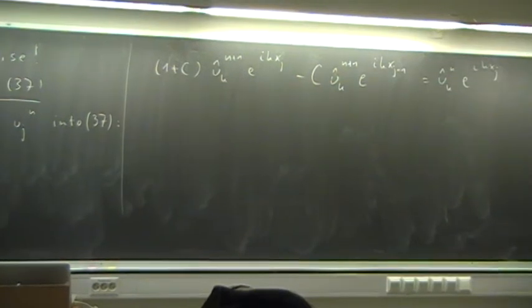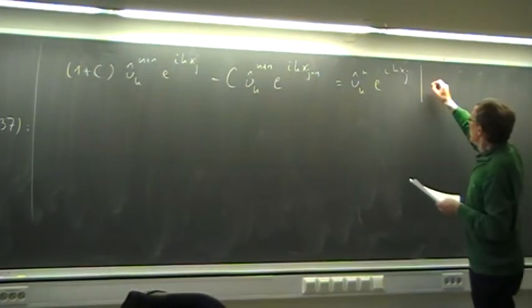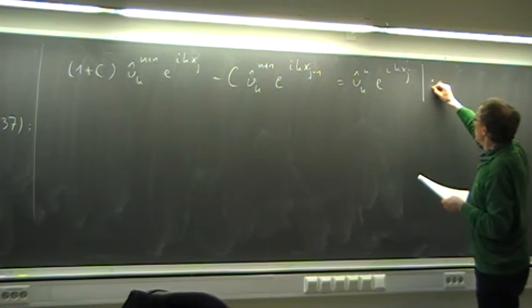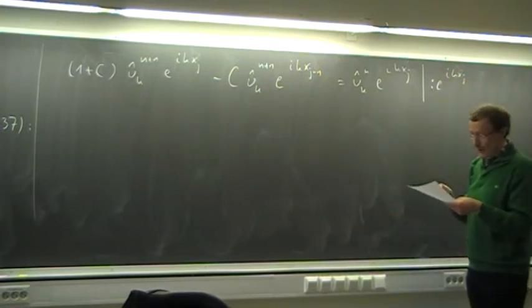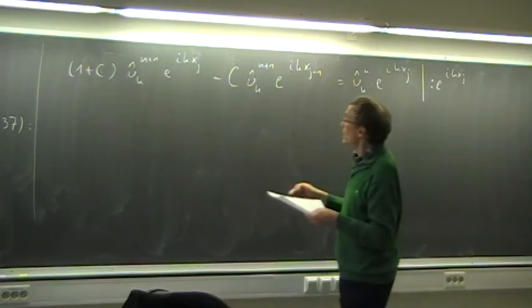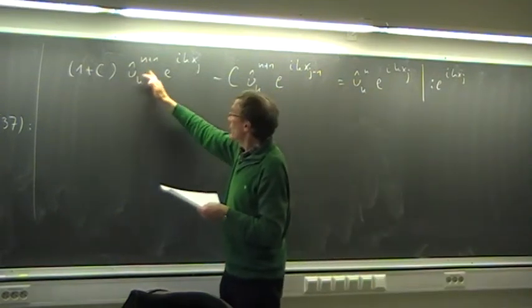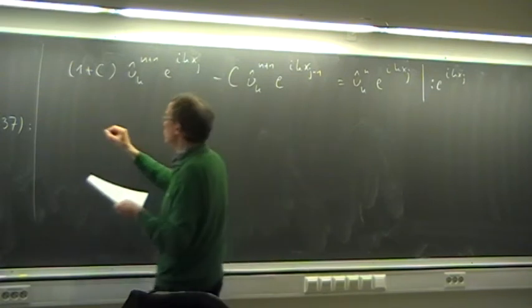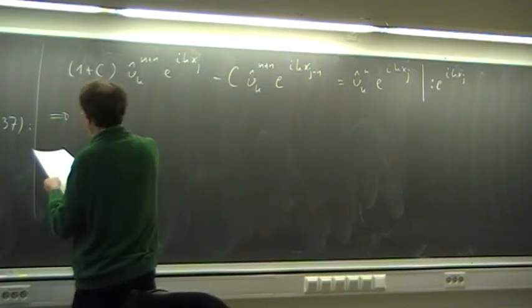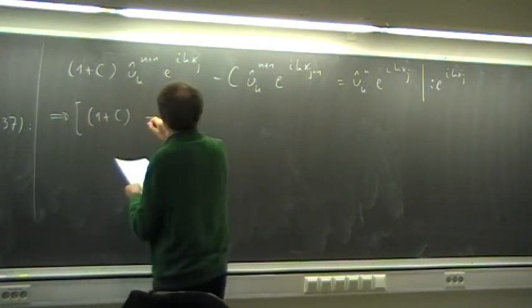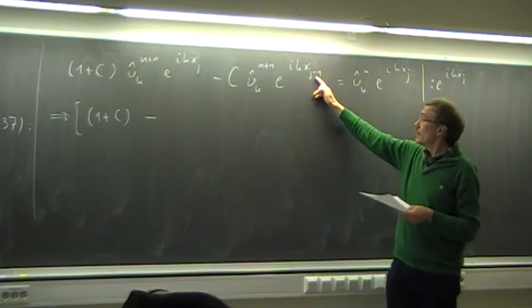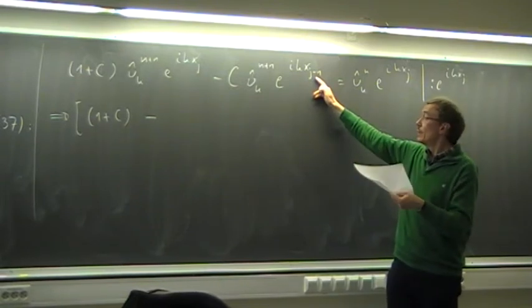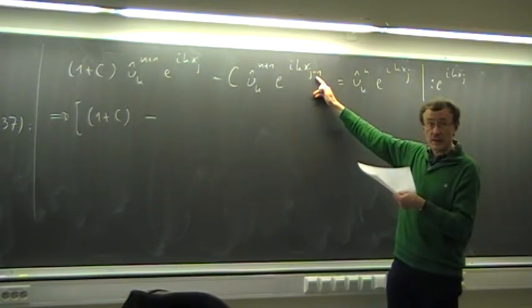Then we can divide the whole equation by e to the I k x j, and we factorize here the u hat k n plus 1. So then we have on the left hand side 1 plus c, and here we get e to the I k x j divided, and then we have a minus delta x here.